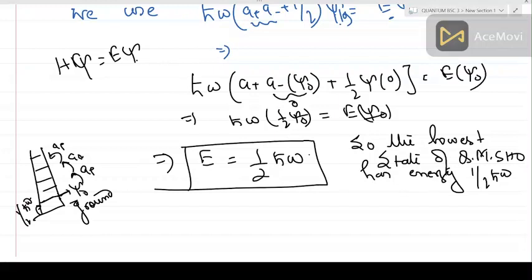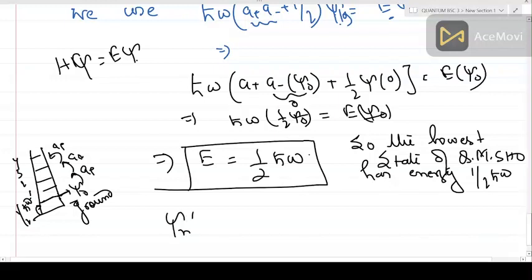This is the information that is being conveyed in this equation, that the lowest step is above the ground by half h bar omega. Now any energy of step 1, step 2, step 3, step 4, all of this energy will be added with 1 by 2 h bar omega.